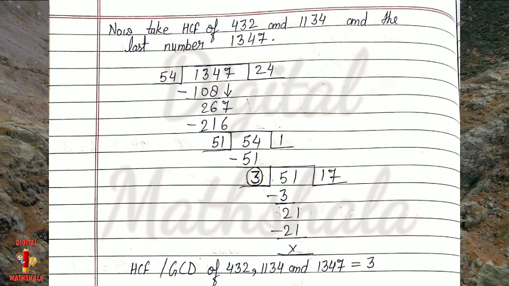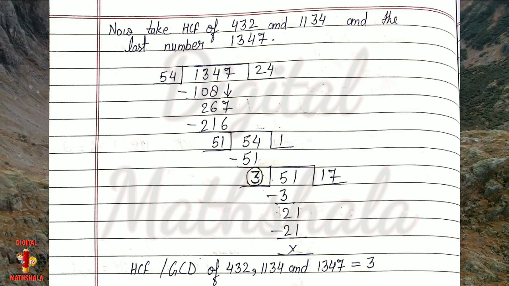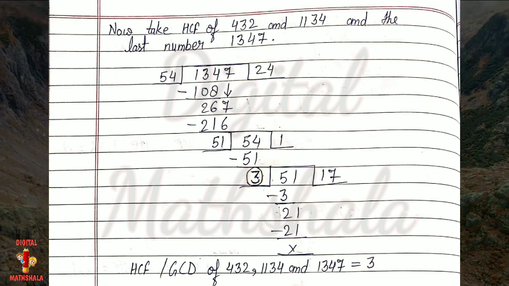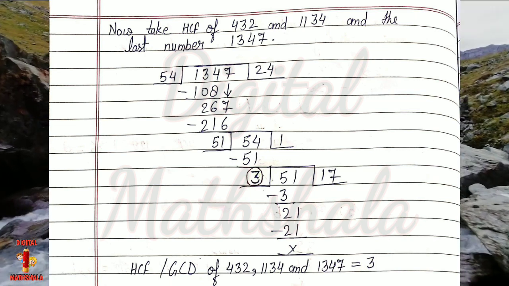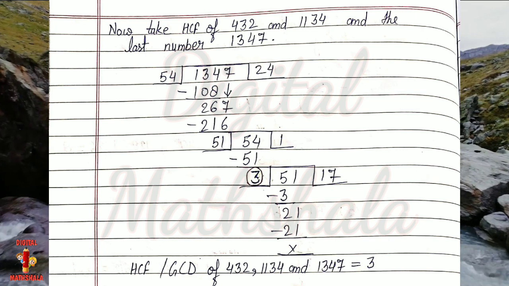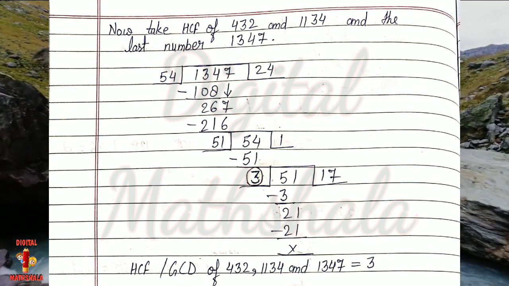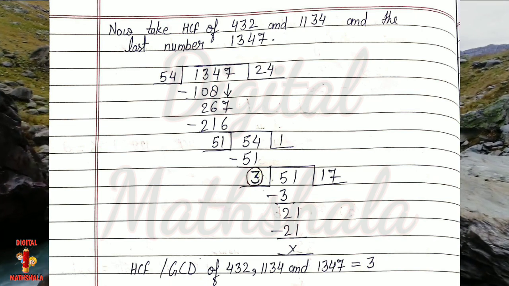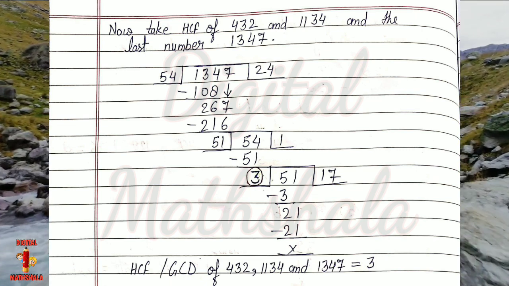So here you can see that the last divisor of these two numbers is 3, because when we are dividing 51 by 3, we are having remainder 0. So now we can say that the HCF of all these three numbers 432, 1134 and 1347 is 3.